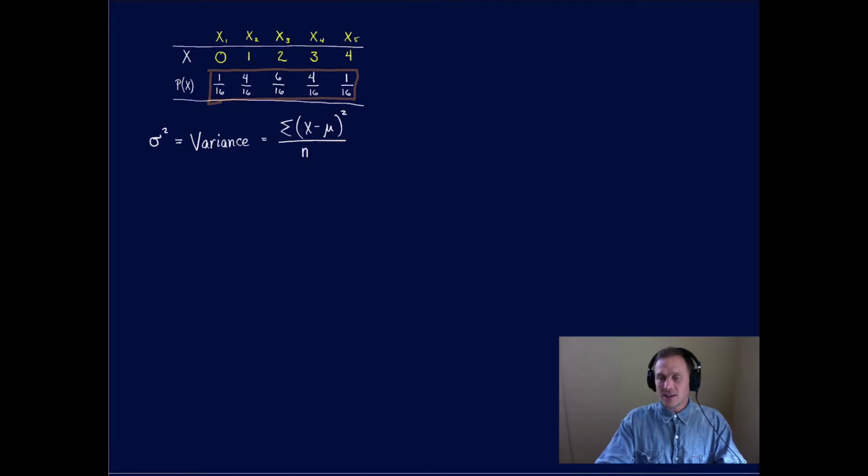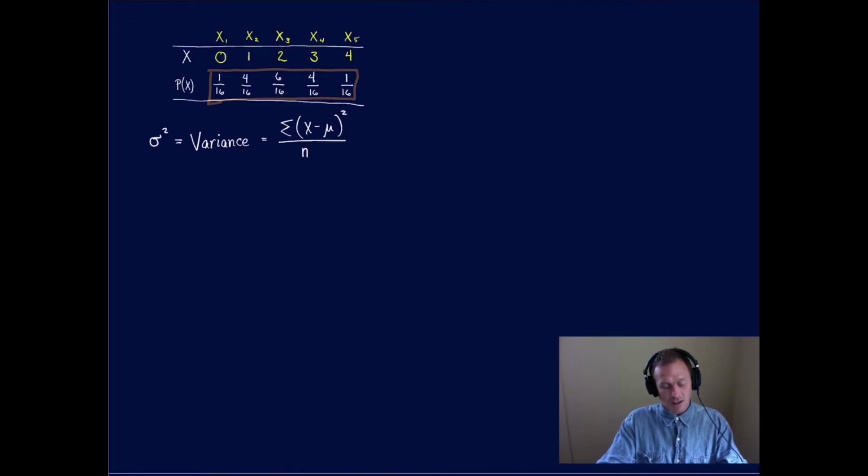And in this case, that is correct because we are looking at the entire world or the population of outcomes for a family of 4. So we can use the sigma as opposed to the S symbol. And even though the video is titled variance, remember that if you have variance, then you also have standard deviation because you just take a square root.